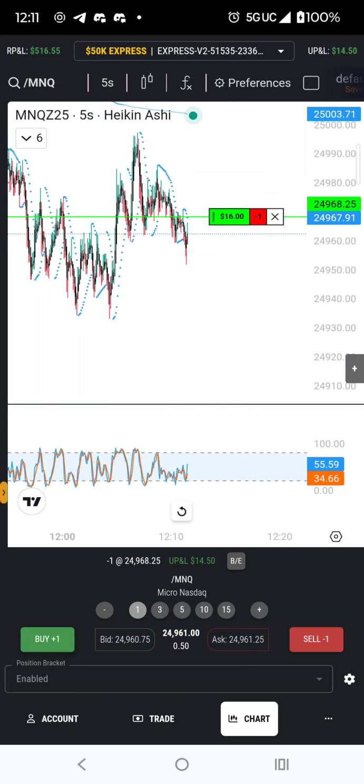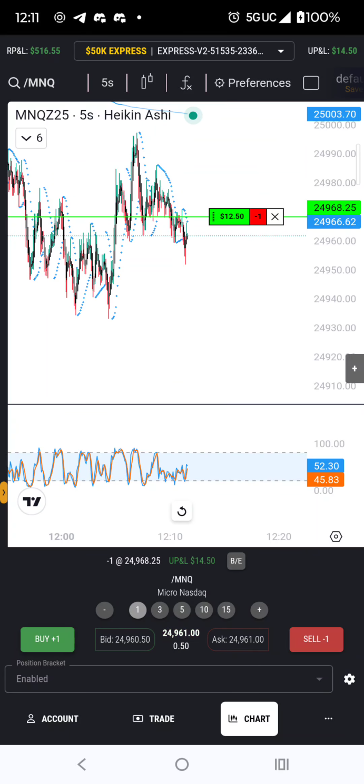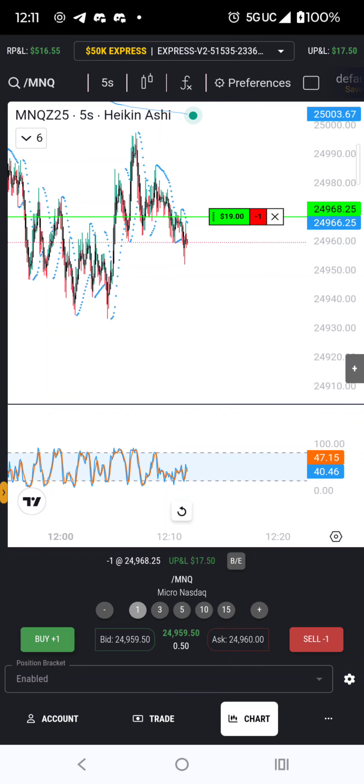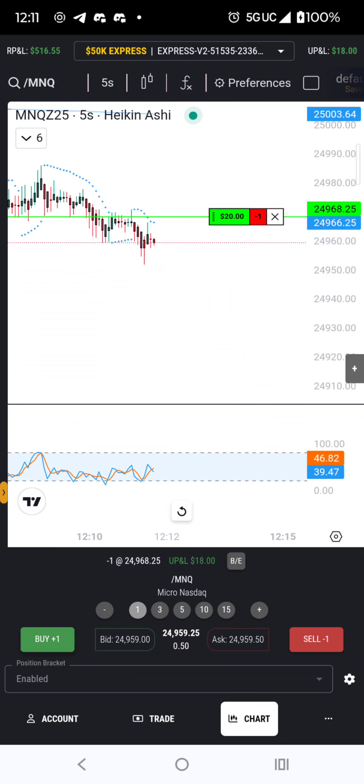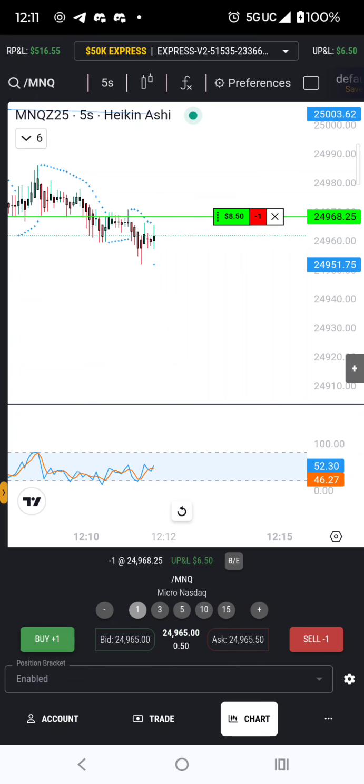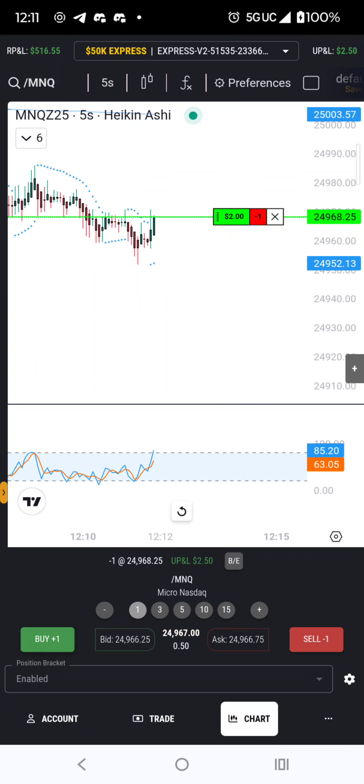Took out one of them. That yanked back pretty quick. Let's see if it's going to set up and continue from here. And we'll break it even.